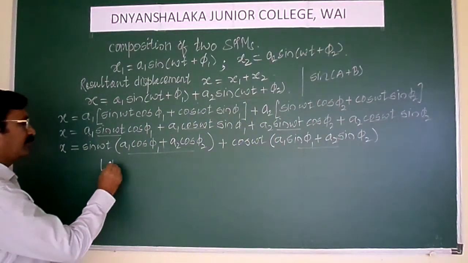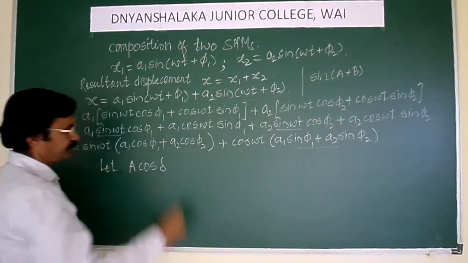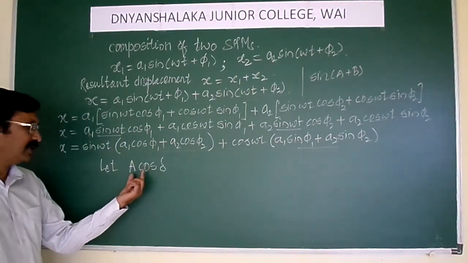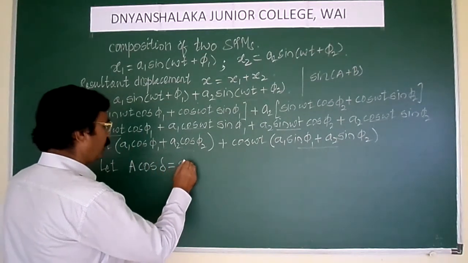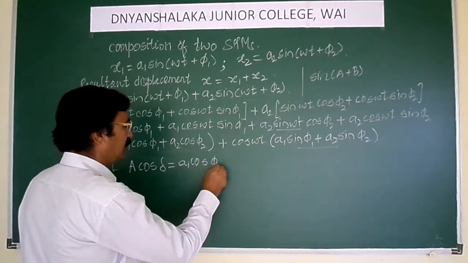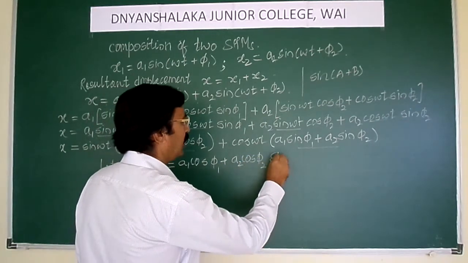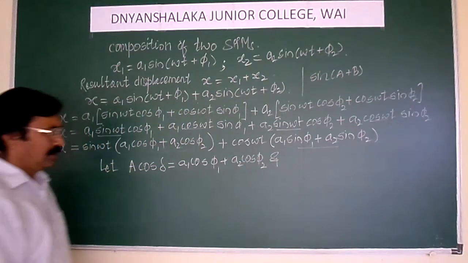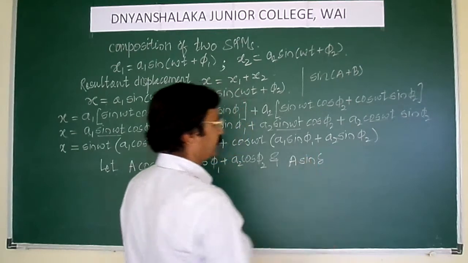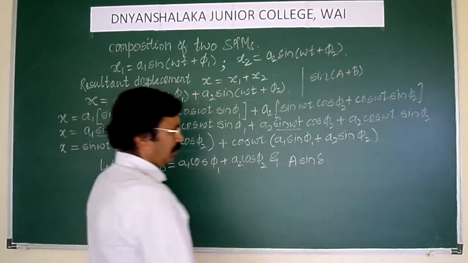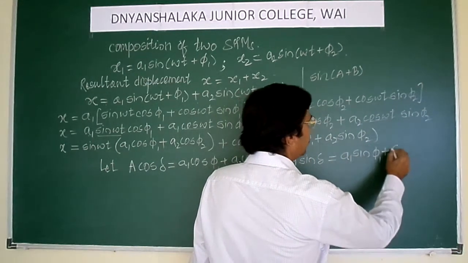Let A cos δ be equal to A1 cos φ1 + A2 cos φ2, and A sin δ be equal to A1 sin φ1 + A2 sin φ2.